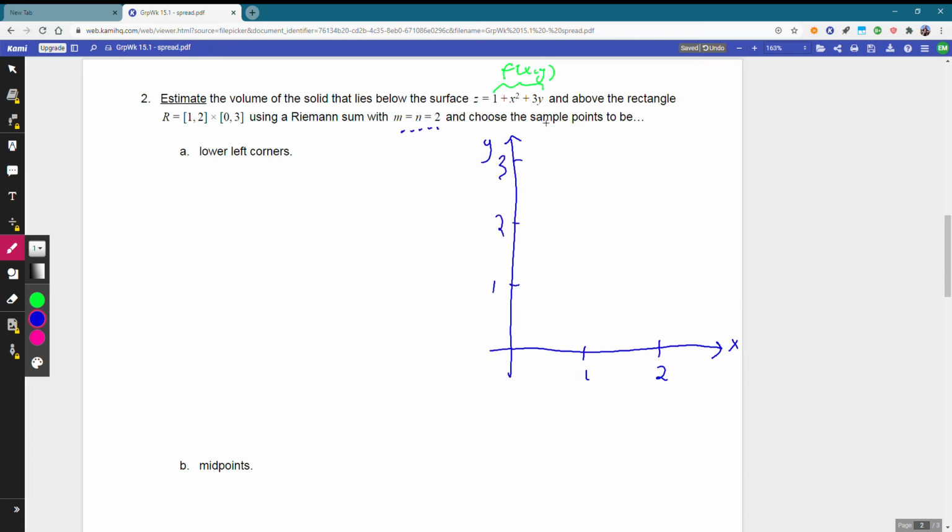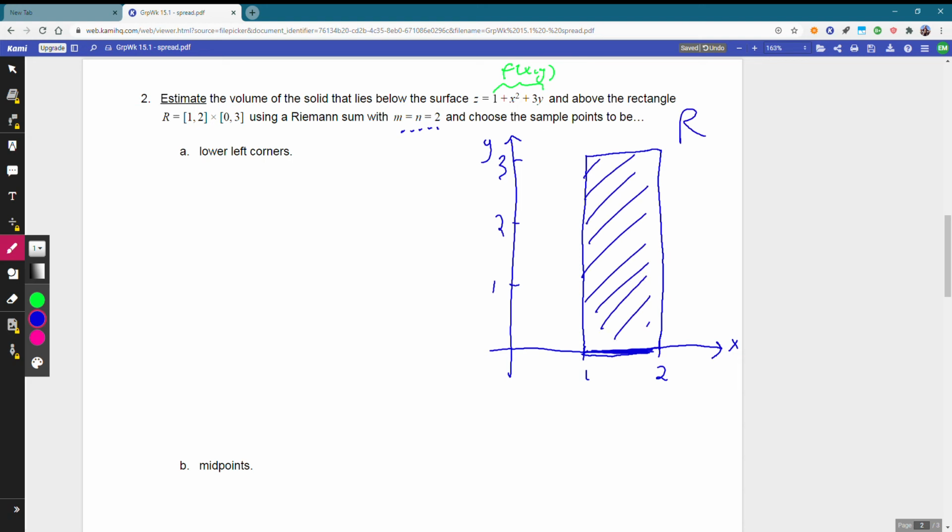And so here we go. X's from 1 to 2, y's from 0 to 3. So here is our, that last one was supposed to be on the x-axis. Here's our rectangle R. So we're grabbing net volume given by our green function over top.